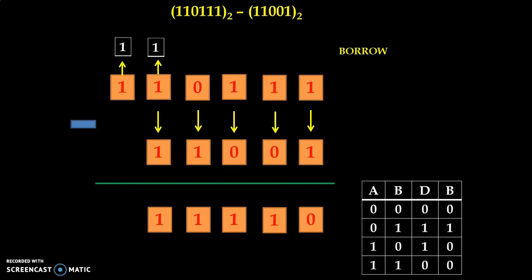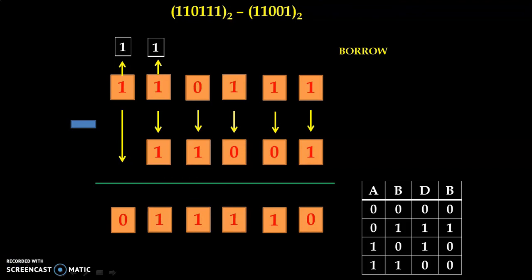So at last 1 minus 1, so answer is 0. So we are getting the answer 01110. This 0 on the most significant side has no value, so we can eliminate this 0 while writing our answer. If we write 0, then also it makes no difference.